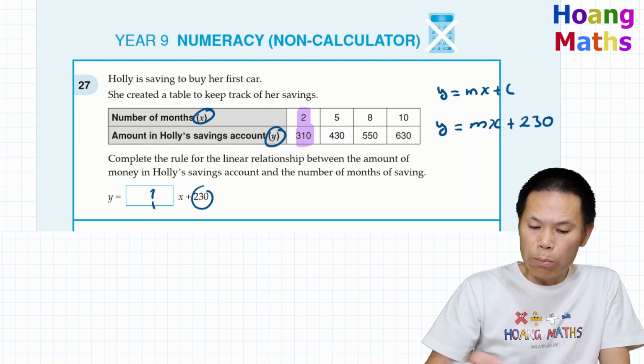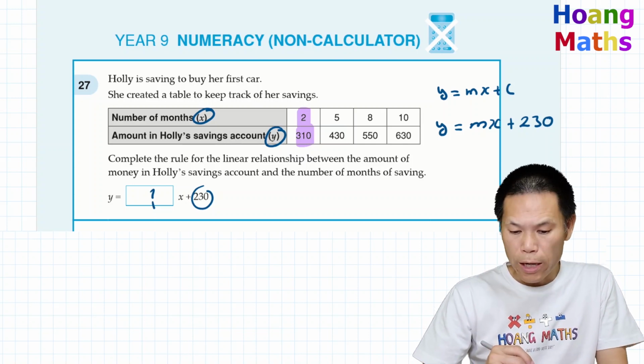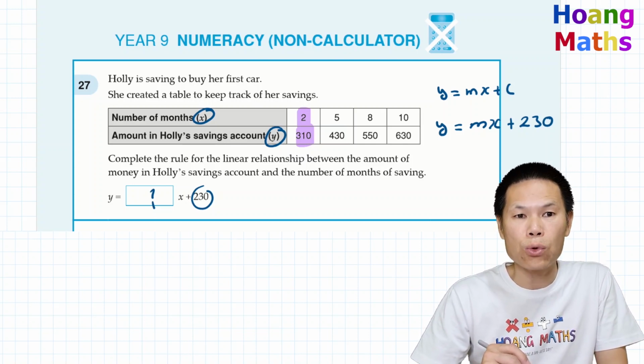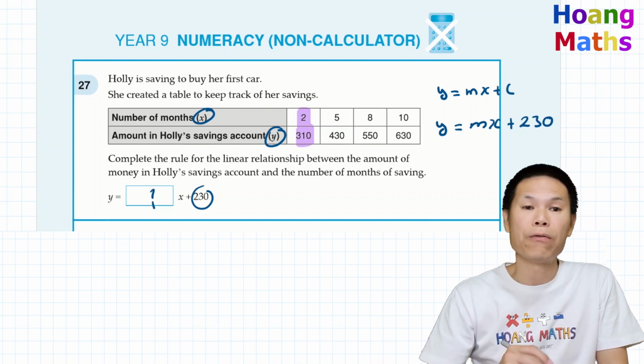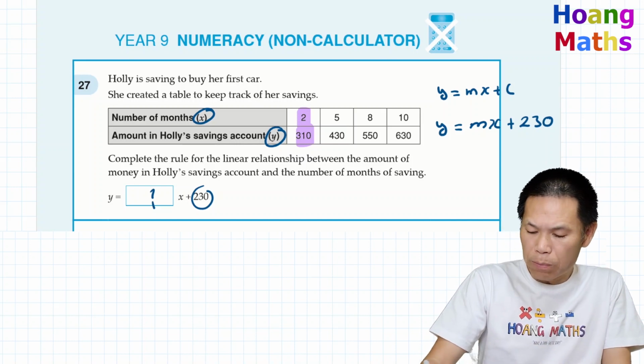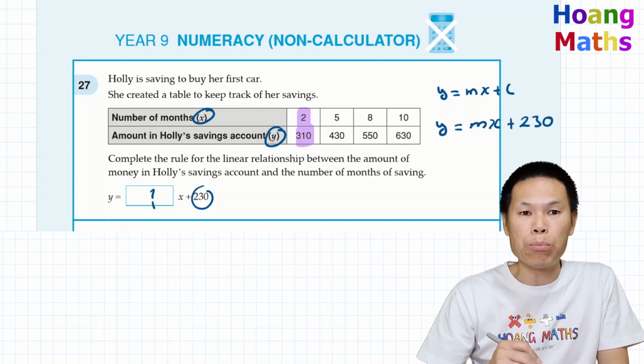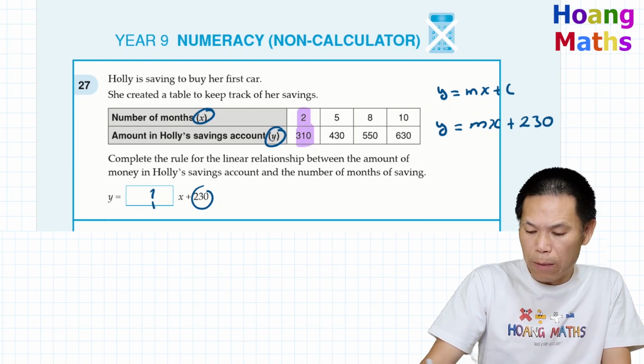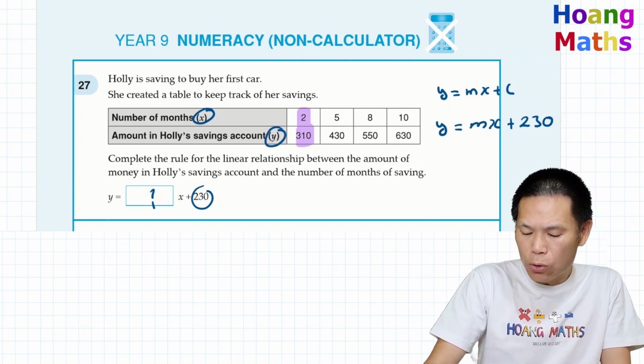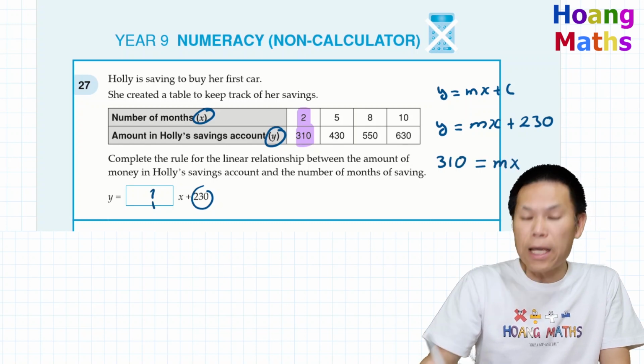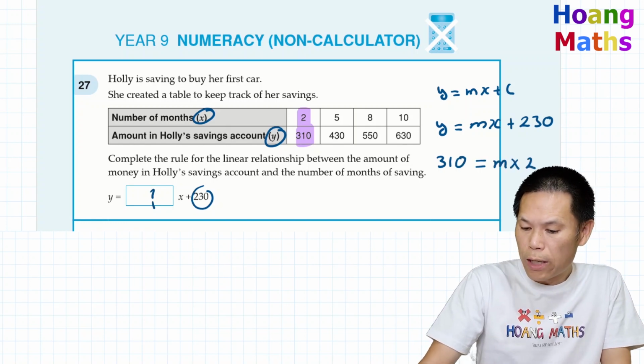Let me just use the point where x is 2 and y is 310, so that we can find the value of m. You can pick any other point, of course, and you should get the same answer. So 310 equals m times x, x is 2, and we add 230.